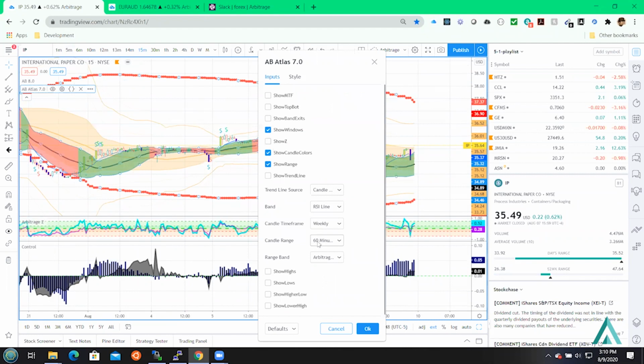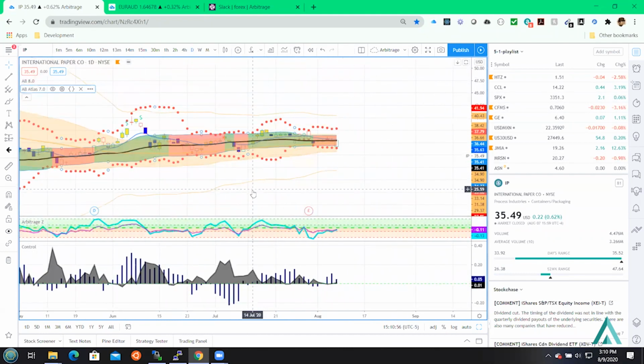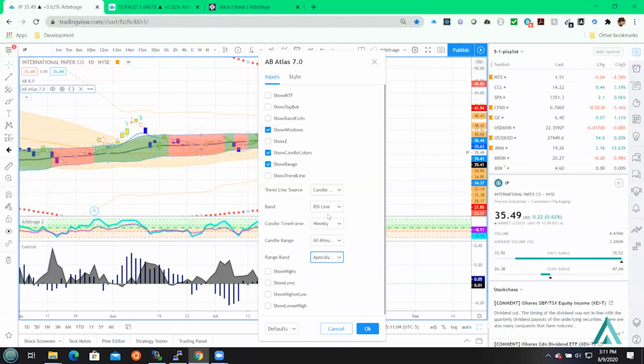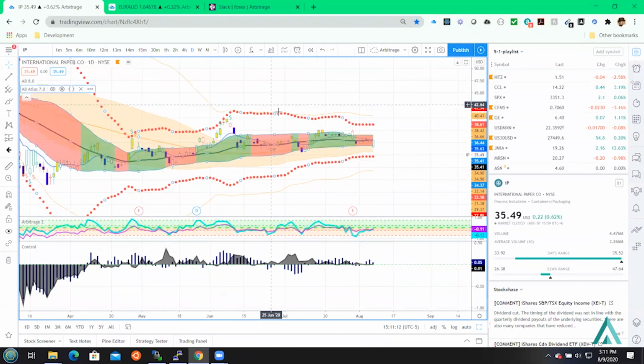Something else that we did, we added the 60-minute, because what was happening is on the daily time frame, I'm going to set this back to, I think he is at the arbitrage band, but I want him further away at the apocalypse band so I can get a little bit bigger feel, right? So I'm setting him back down to 15-minute so I can get that nice tighter range.